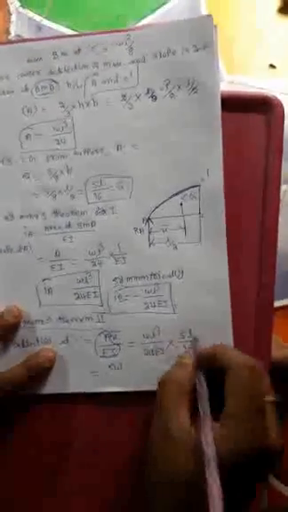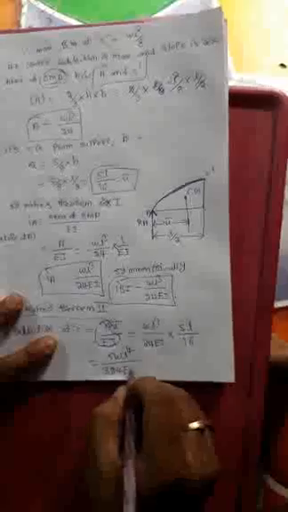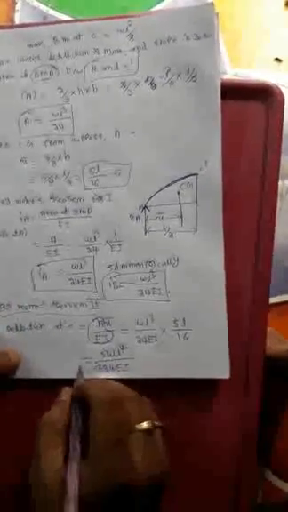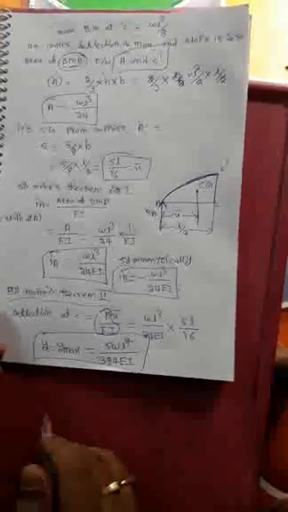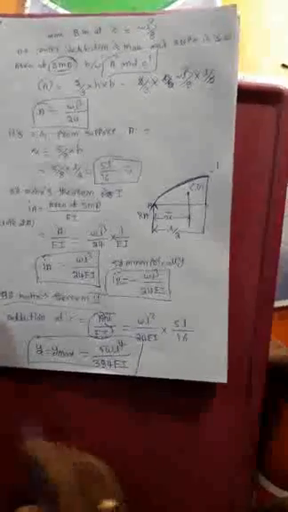So we can simplify this equation. 24 into 16, 384, 5 W L cube into L, L power 4, and 24 into 16, 384, and EI. EI is nothing but the flexural rigidity. So this is nothing but yC, the y maximum. This is the formula for finding the deflection at C and for finding the maximum deflection for the simply supported beam carrying UDL over the entire span.